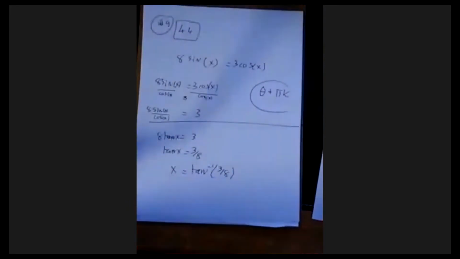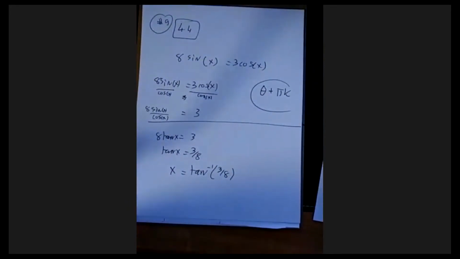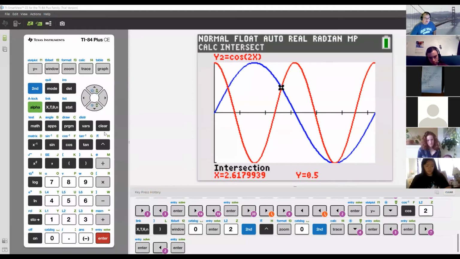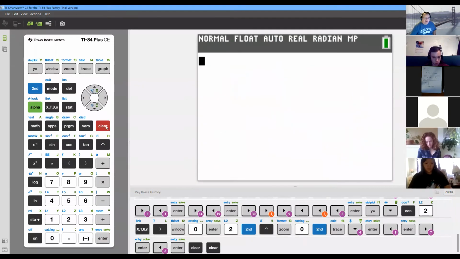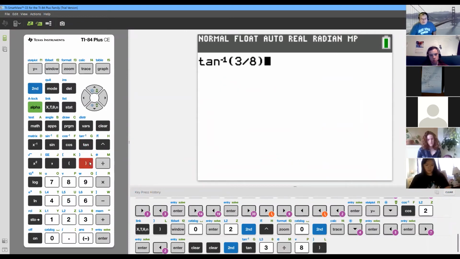So I'm going to go to my calculator and clear that out of the way. And I'm going to go inverse tan of 3/8. Not in the unit circle. If it was in the unit circle, I'd be going to the unit circle right now and saying pi upon 3 or something, right?